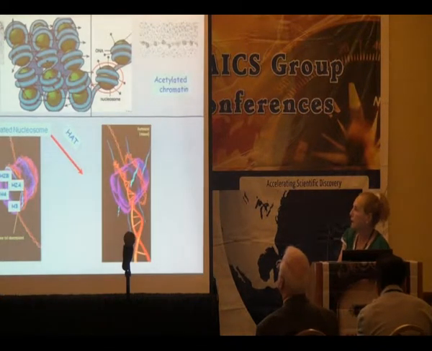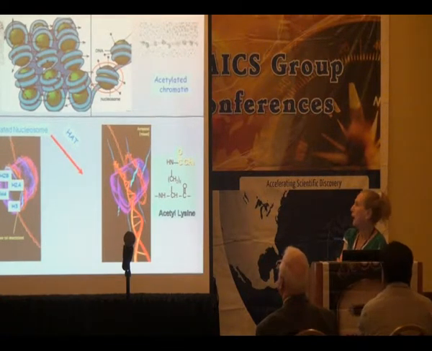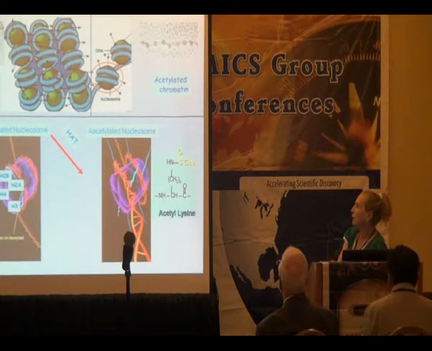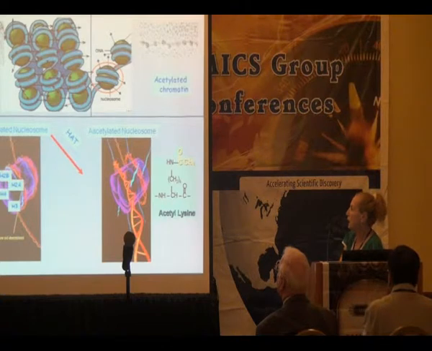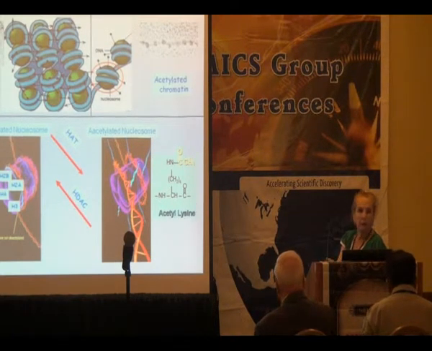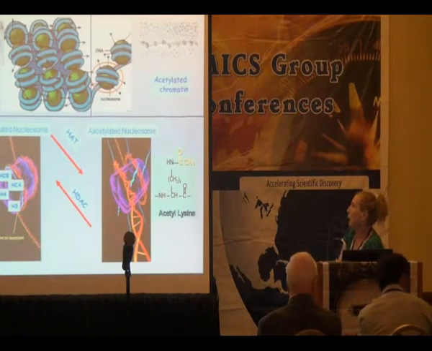When the lysines are acetylated, the whole structure becomes more relaxed, and you can see that the chemical attraction is lost, and it allows many functions that need that structure, access to repair enzymes and transcription enzymes, etc.